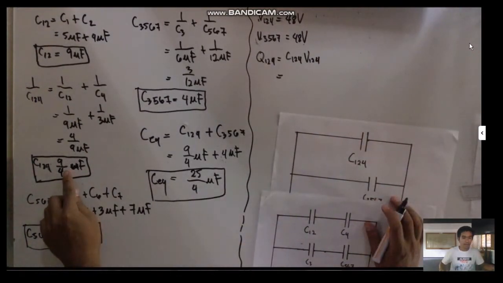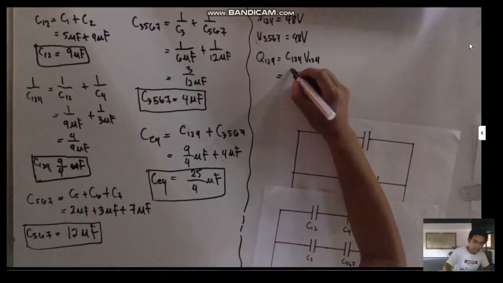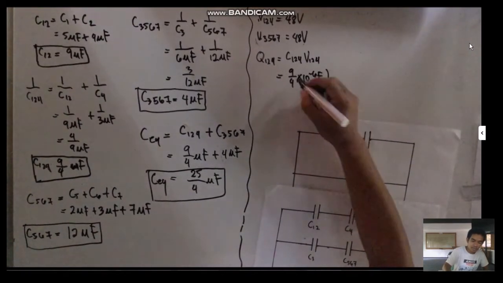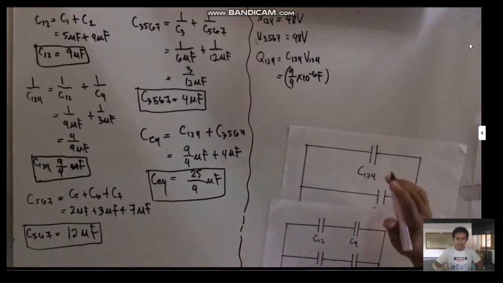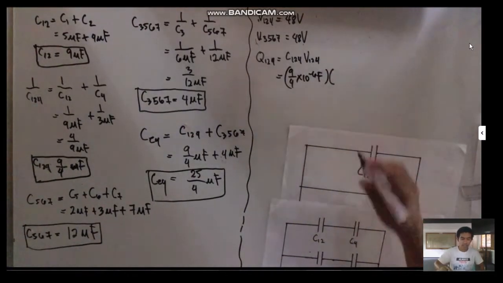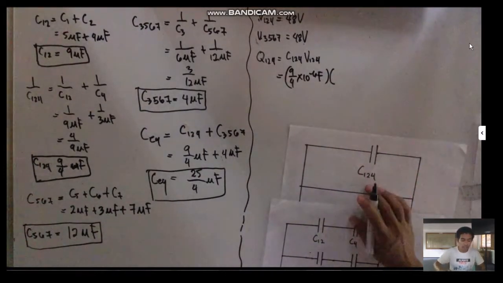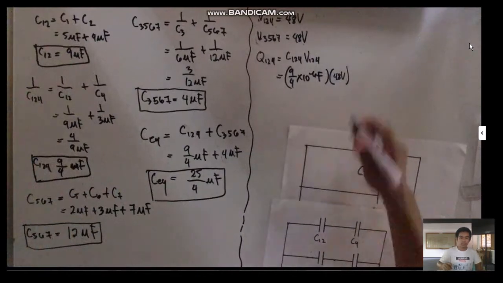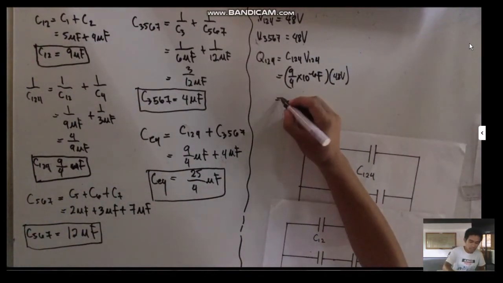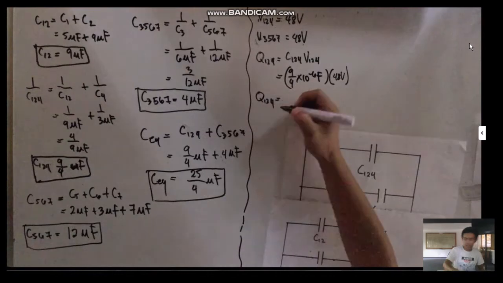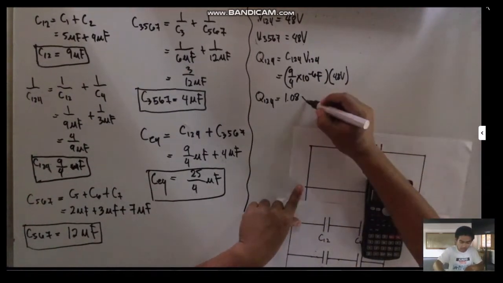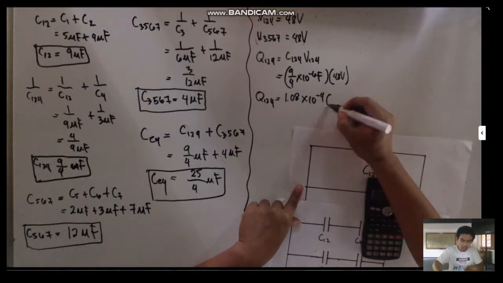We have 9 over 4 microfarad, so this is 9 over 4 times 10 to negative 6 farad, multiplied by V124, which is 48 volts. Then Q124 equals 1.08 times 10 to negative 4 coulomb.